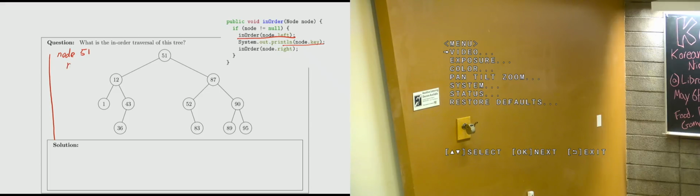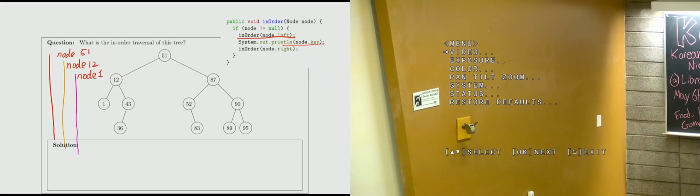So I do node 12, correct? But I still didn't visit anything, right? So it's node 1. Did you see how I use indentation here? That really helps you visualize the process of recursion.